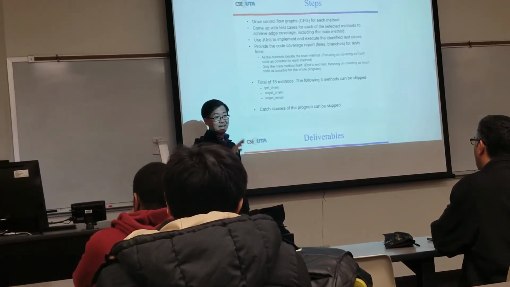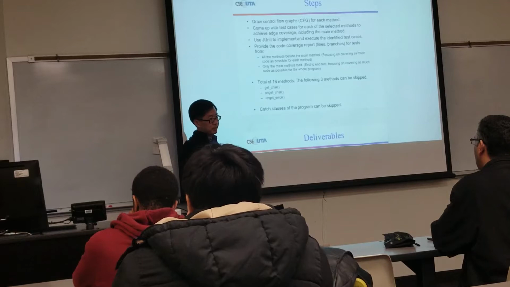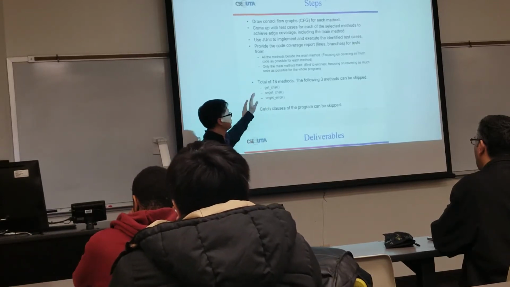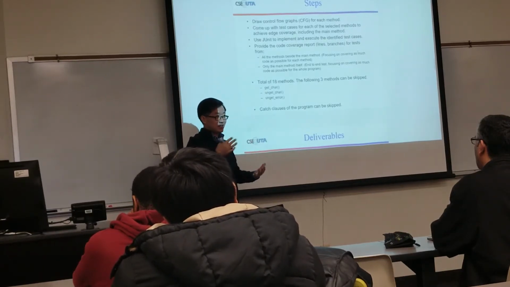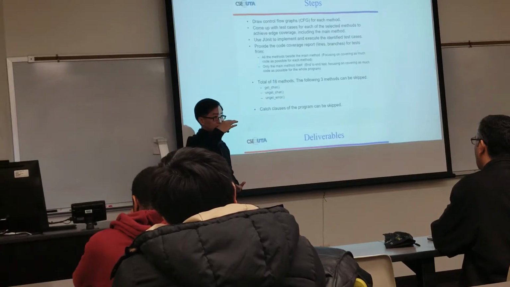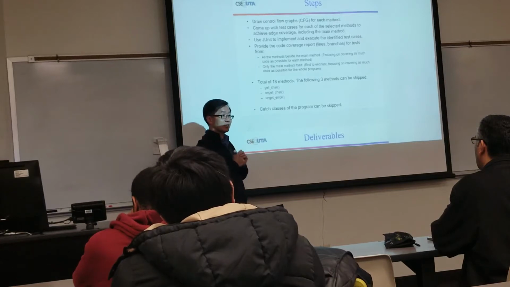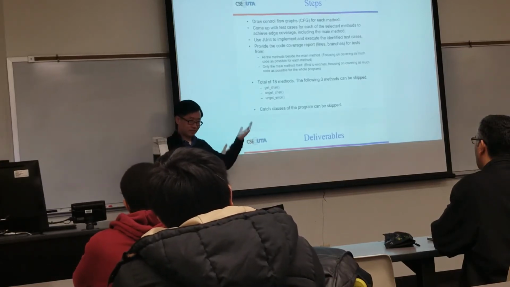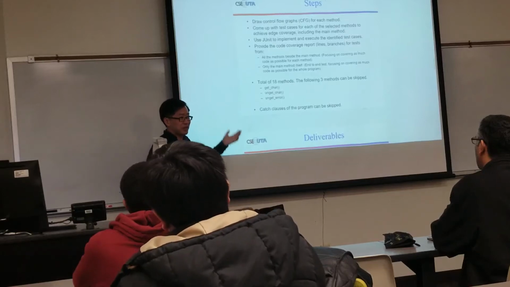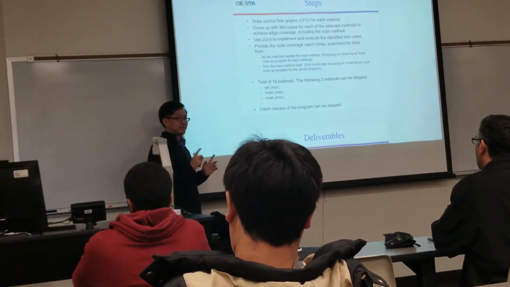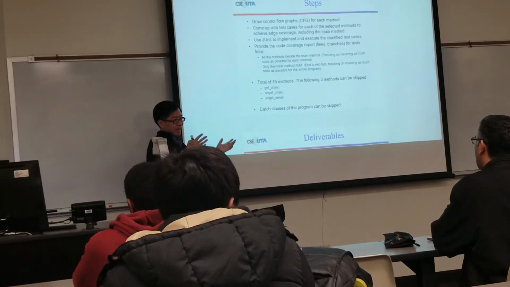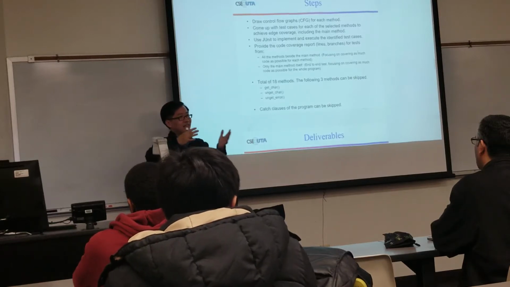For methods that are not the main method, you only need to show the coverage of the particular method that you are trying to test. So it's kind of unit testing. The main method is more like an end-to-end test of the entire program. Even for the main method, you can still use JUnit, right? It's just that the unit is bigger than other methods. Does it make sense? You basically test the entire program by testing the main method.